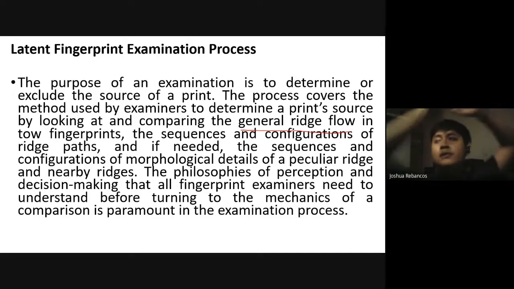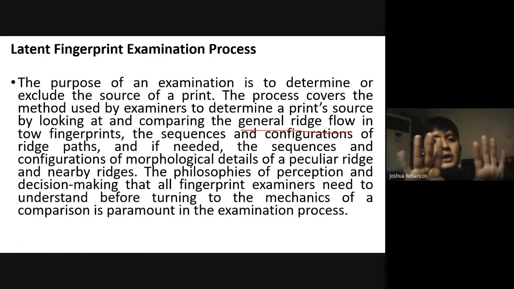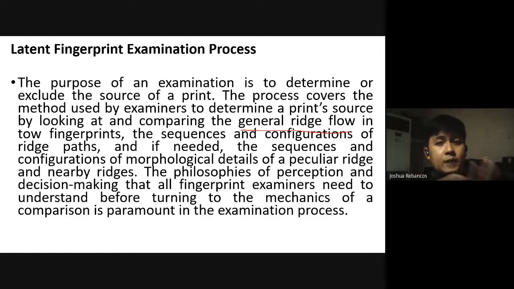Kung yung mga 10 sets of fingerprints nila is magkaparehas ang ridge flow, for example, yung four fingers niya, yung index to ring, and parehas din dito sa left niya, index to ring is puro loops din sila. Sabihin na natin radial loop sila lahat, radial loop din yan. At saka, pag sinabi kasi natin radial loop dito sa ating right hand, yung recurving ridge niya is towards the thumb.